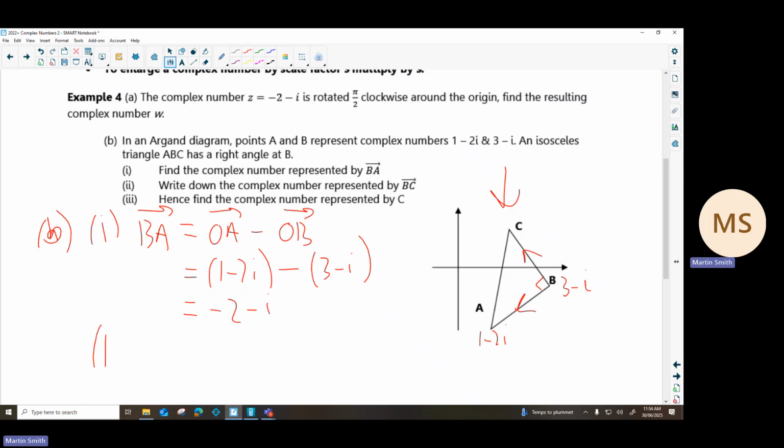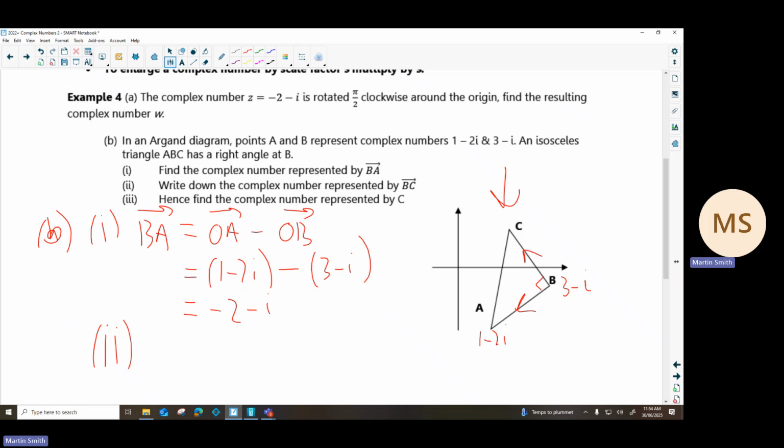It then says write down the complex number given by BC. So I'm going to use the idea I used a second ago. To get from BA to BC, you are going to rotate by pi over 2 radians in an anti-clockwise direction. So I get from there to there. Sorry, in a clockwise rotating direction.